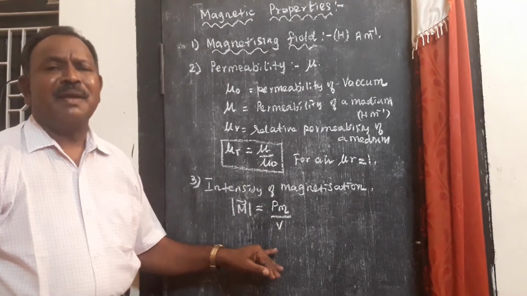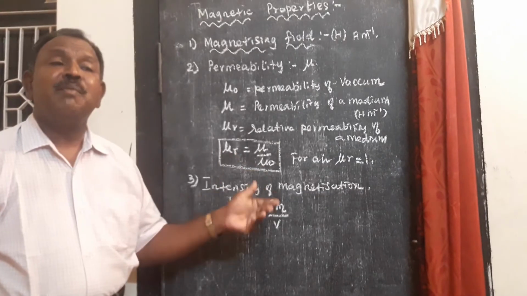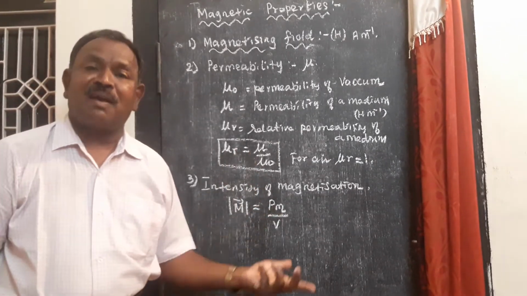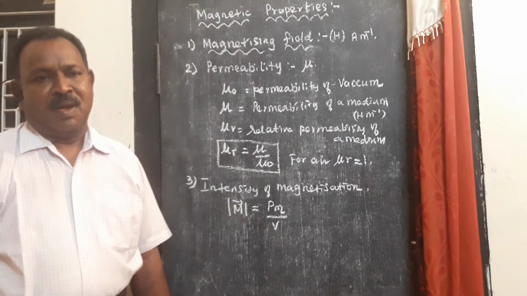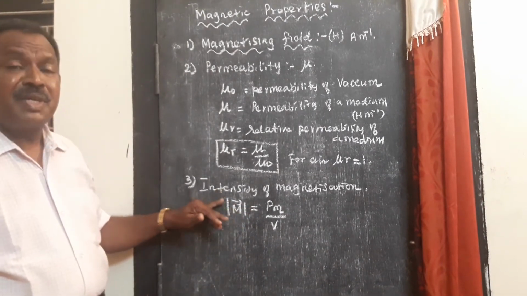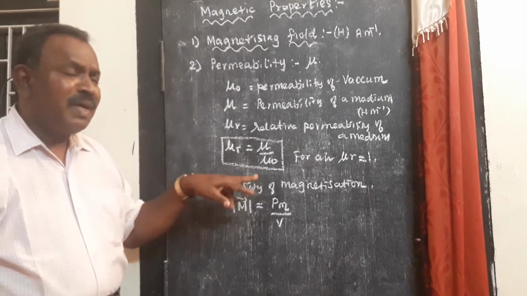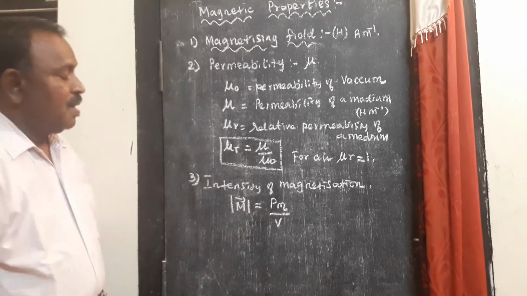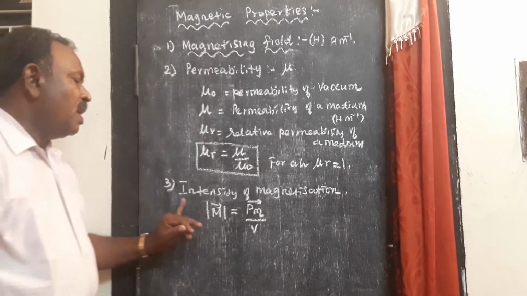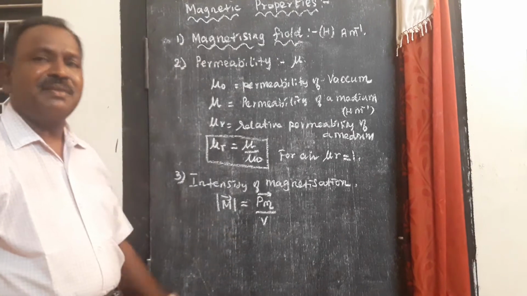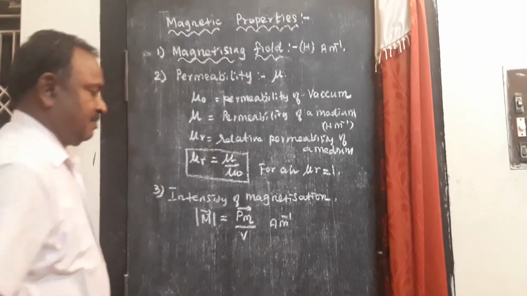So the resultant magnetic moment, the vector sum of all magnetic moments produced by the revolving electrons, is equal to 0. When such a magnetic material is kept in an external magnetic field, magnetic moment is induced. This induced magnetic moment per unit volume is called intensity of magnetization, and its unit is ampere per meter.